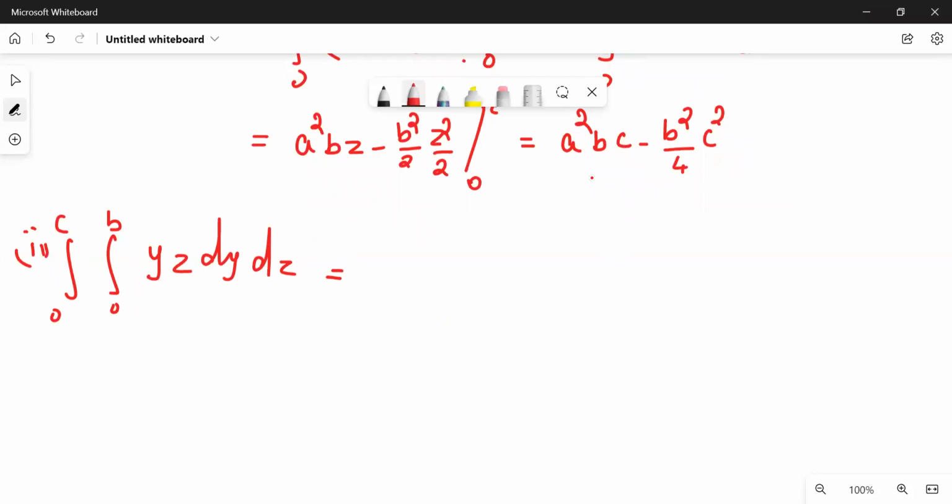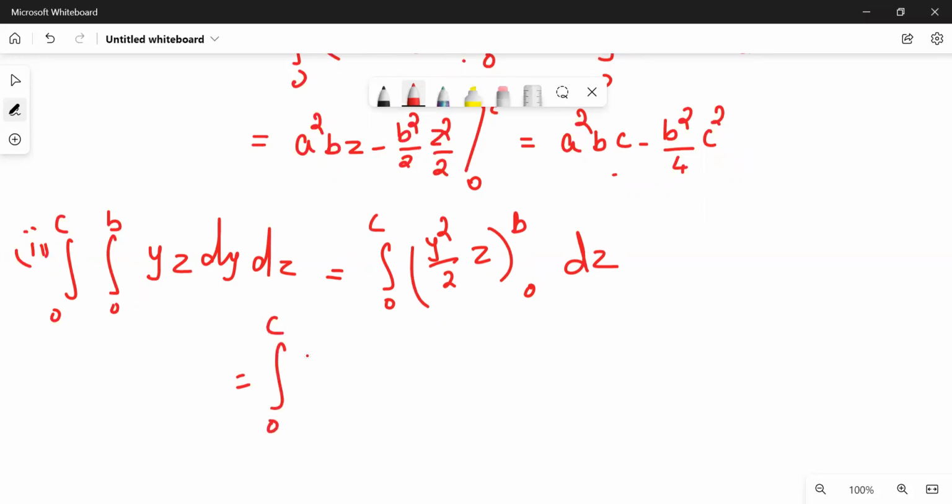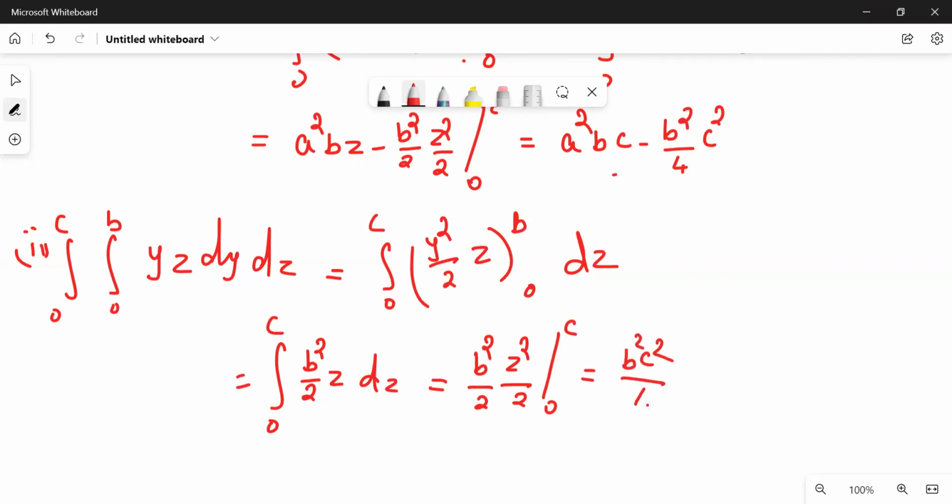If we integrate yz with respect to y, it is y square by 2 z over the limit 0 to b, and then we have to integrate with respect to z. Then applying upper limit on y, that is b, it becomes b square by 2 z, and lower limit 0 on y becomes 0. Again integrating with respect to z, it is b square by 2, z integration is z square by 2 between the limit 0 to c. So it is simply b square c square by 4, lower limit becomes 0. So this is for the second integral.